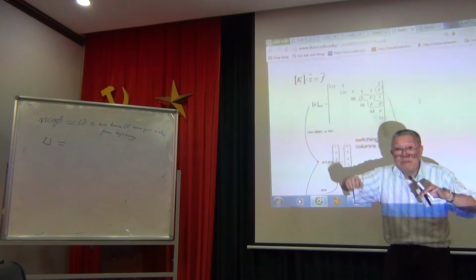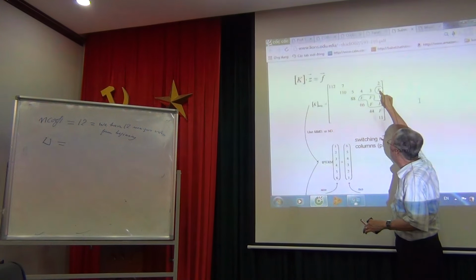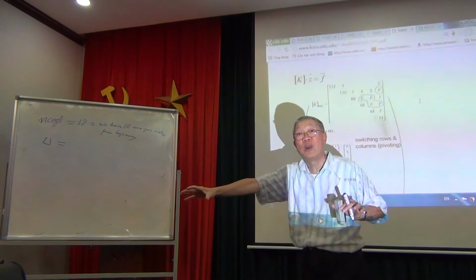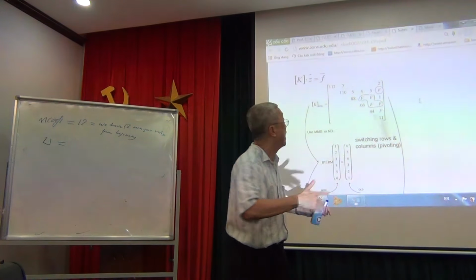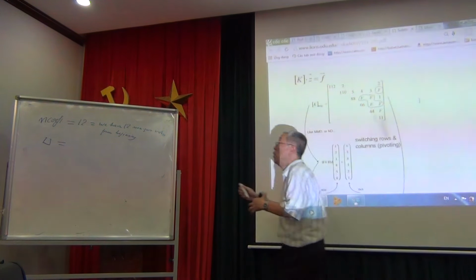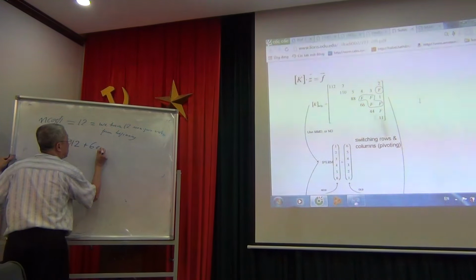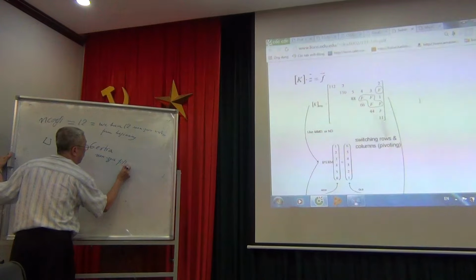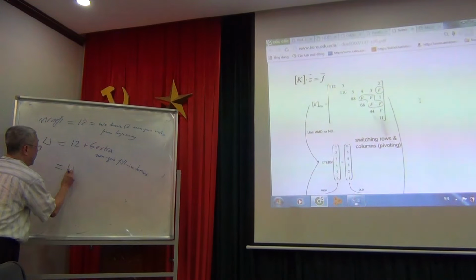But after you find out the factorization U, those 0 become non-zero F. So when you factorize the matrix, you have some extra non-zero. And how many extra non-zero do you have? 1, 2, 3, 4, 5, 6. So you have 12 plus 6 extra non-zero fill-in terms. So that's why you have 18.